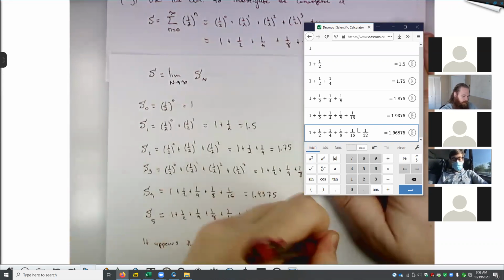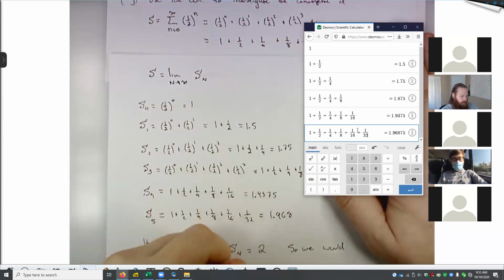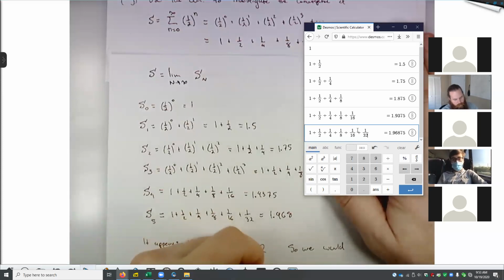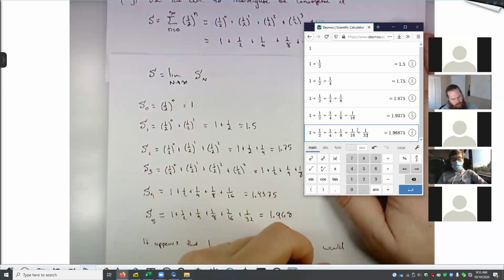So we would say that the series S equals sigma n from 0 to infinity of 1/2 to the n converges to 2.